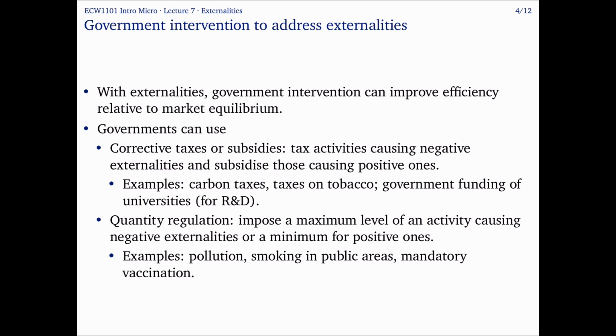That's partly to address the second-hand smoke negative externality. On the positive side, there are subsidies for certain kinds of activities like research and development. There are large government subsidies all around the world for research and development, right? And that's because it incurs positive externalities, and the belief is that there would be too little R&D if it wasn't for government intervention, government subsidies.